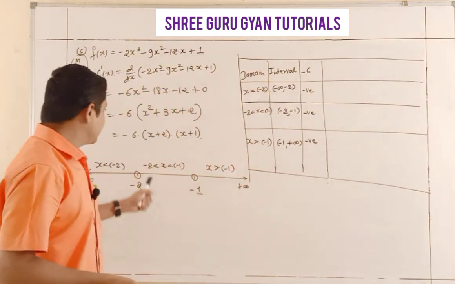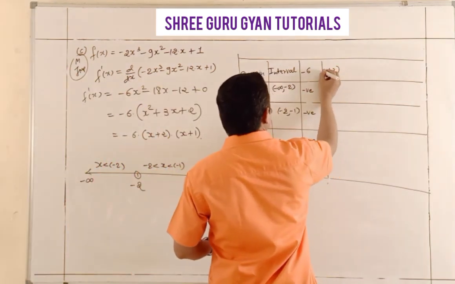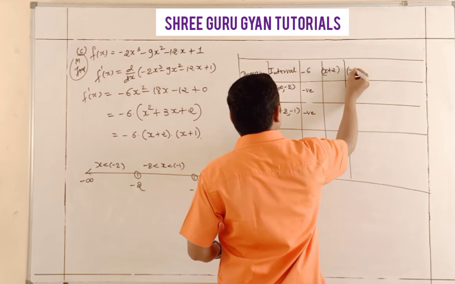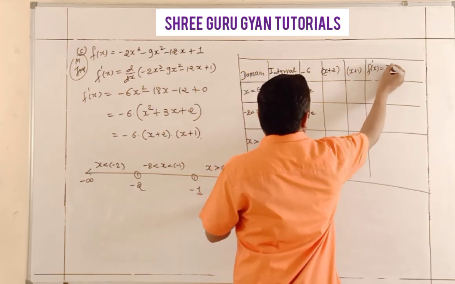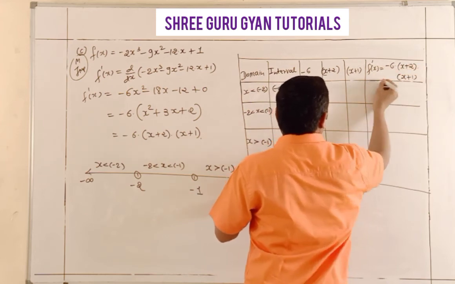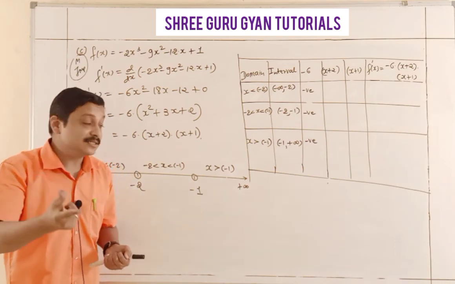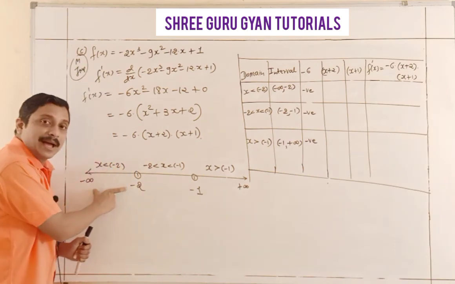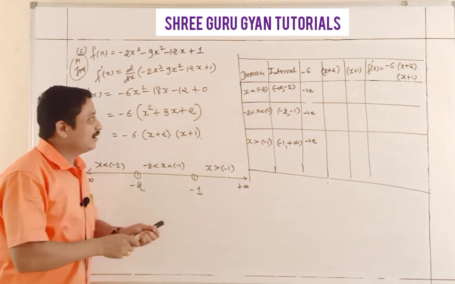Now I take x plus 2 and x plus 1, and here f'(x) is -6 times (x plus 2) times (x plus 1). Start the confirmations, students. Here I take a number below -2, it is -3, and apply here.